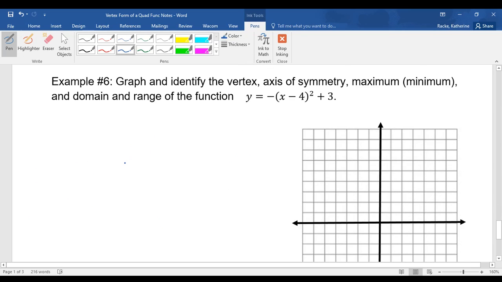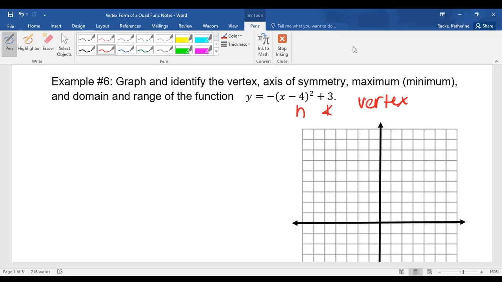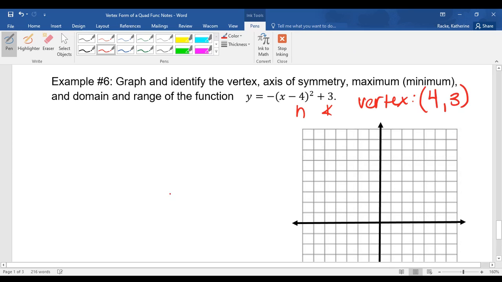All right, example 6. Graph and identify the vertex, axis of symmetry, maximum or minimum, and domain and range of the function. So let's go ahead and identify our vertex, h and k. Our vertex is positive 4, 3.